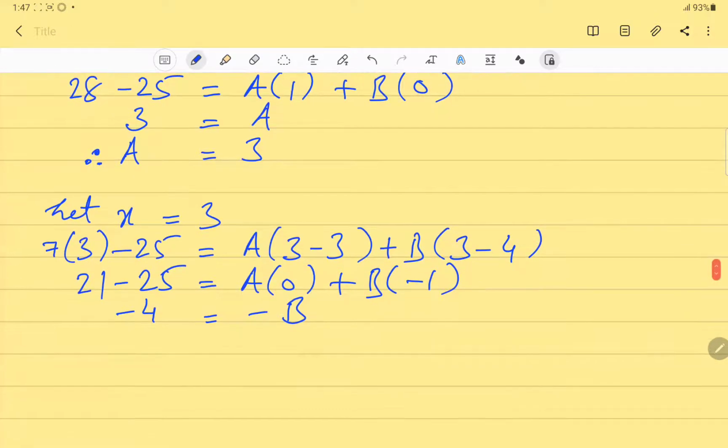So when we multiply both sides by minus 1, we will get b is equal to 4.